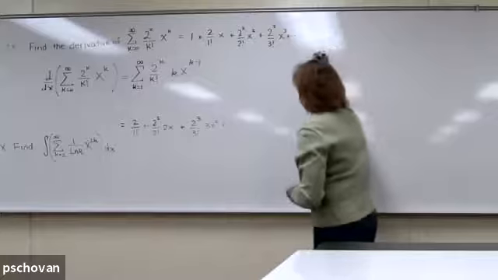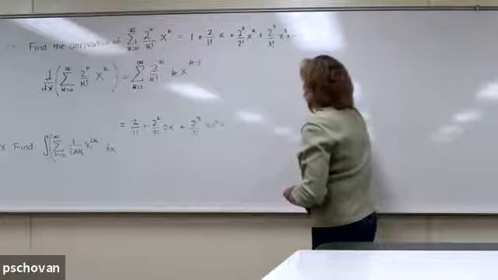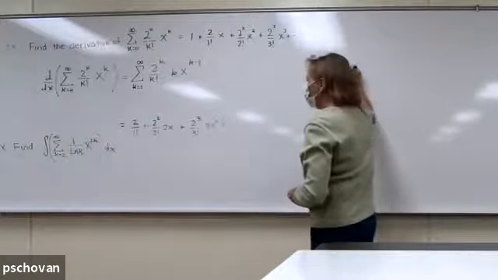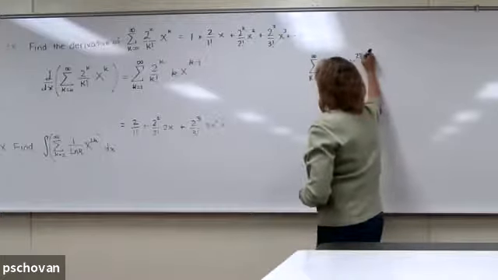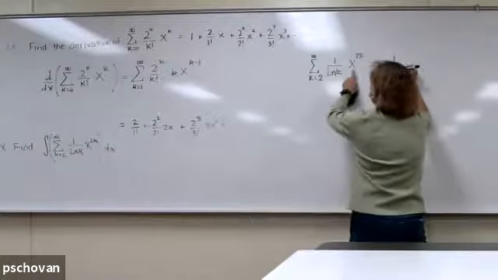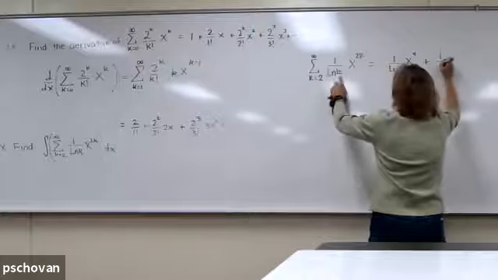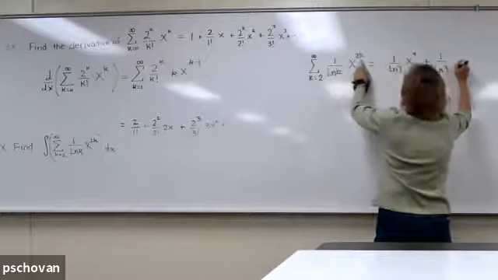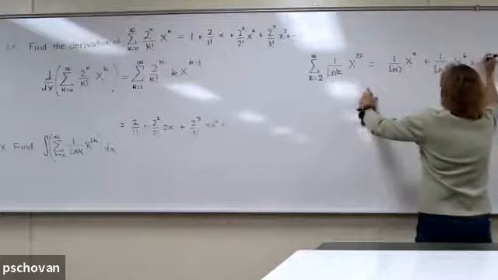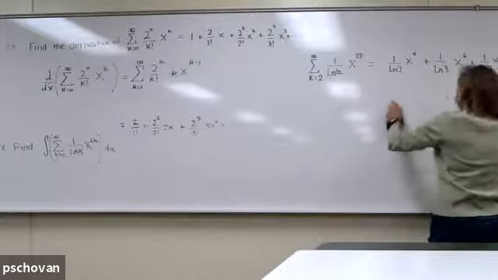So note that this series looks like 1 over the natural log of 2 times x to the 4th plus 1 over the natural log of 3 times x to the 2 times 3 is 6 plus 1 over the natural log of 4 times x to the 8th.